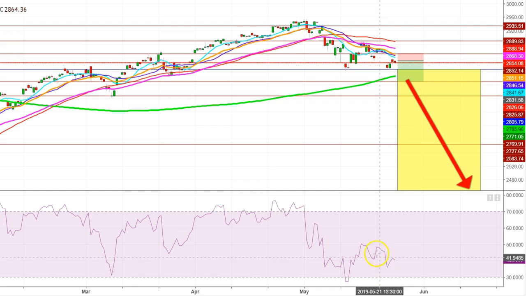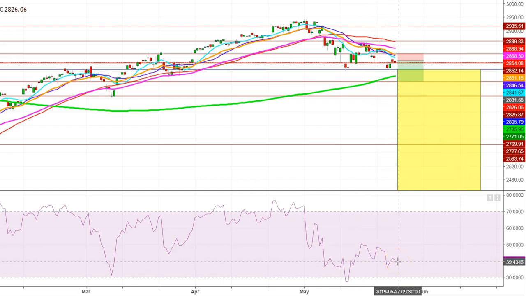Here you can see that the current position of RSI looks evident enough for continuation of bearish pressure in S&P 500, which shows the current weakness in S&P 500.